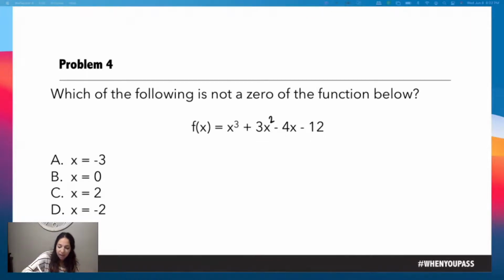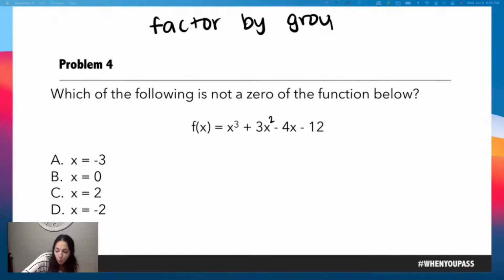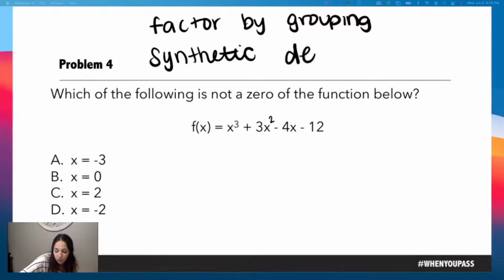So I can factor a larger polynomial by grouping, or I can use synthetic division. This is a problem someone specifically asked for, but it's a great problem.